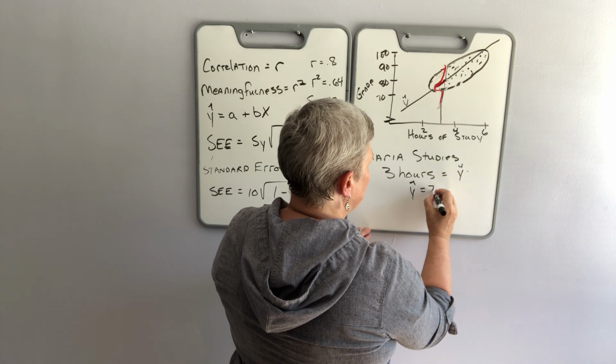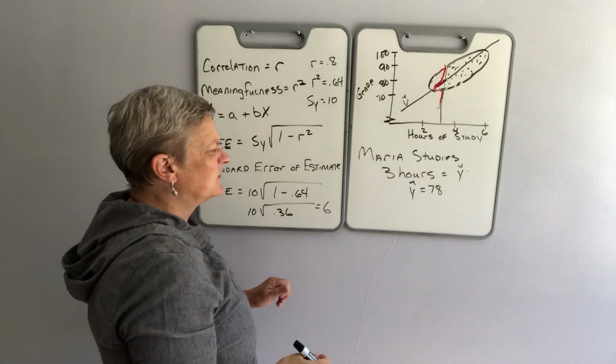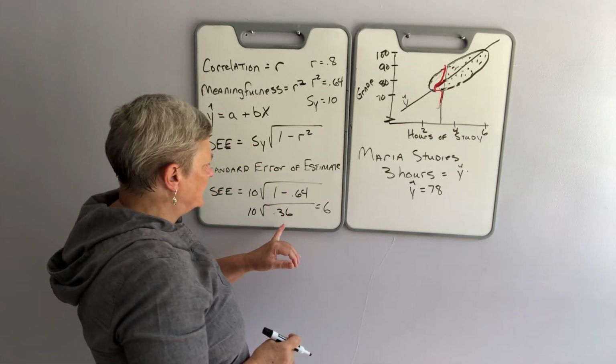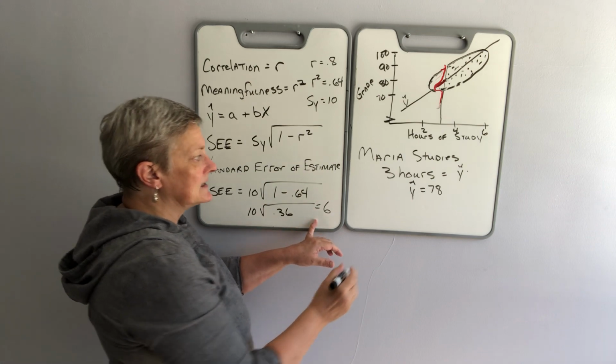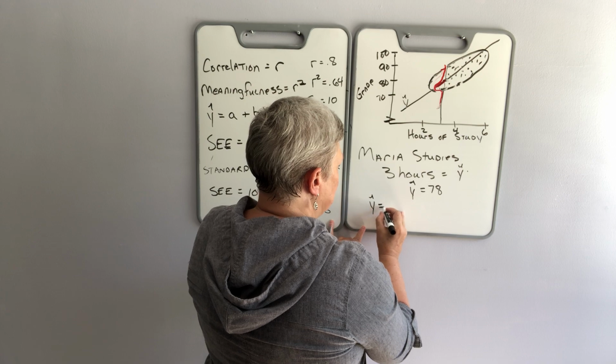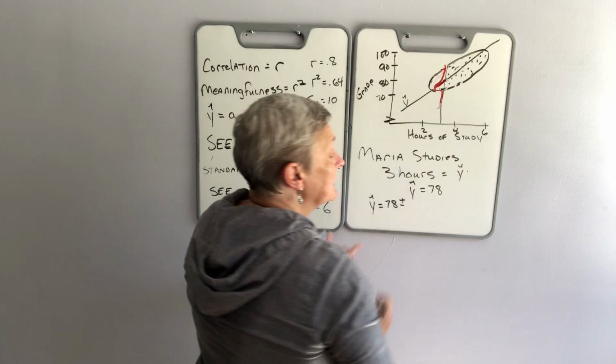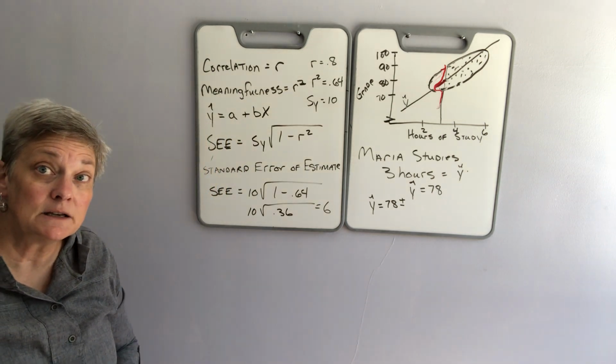We can actually calculate this, but I'm guessing here. I'm pretty good at guessing. And I say the SEE is 6. So I have y predicted equals 78, and I would do plus or minus, correct?